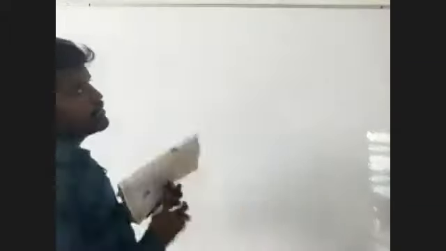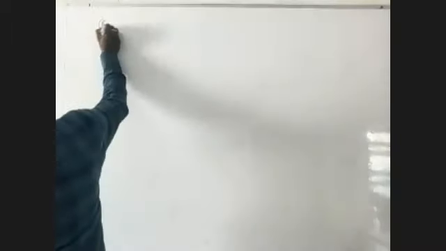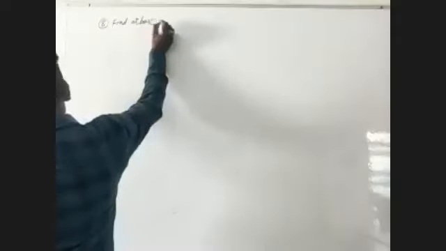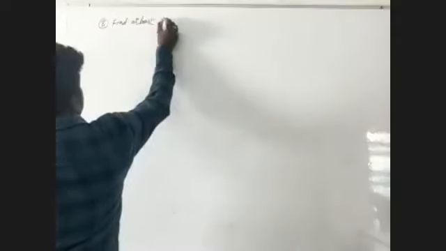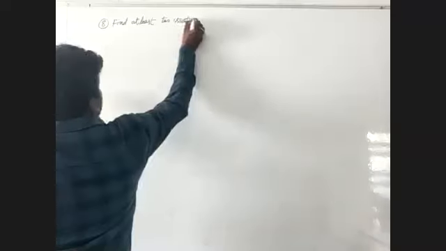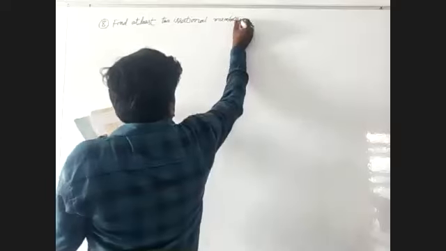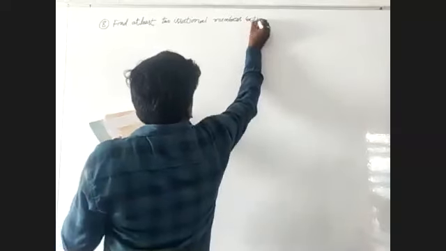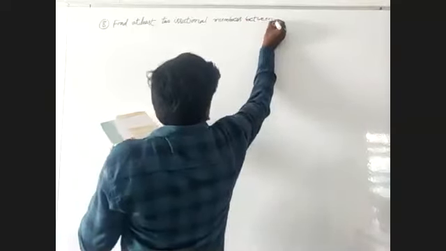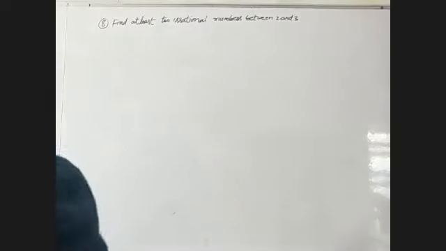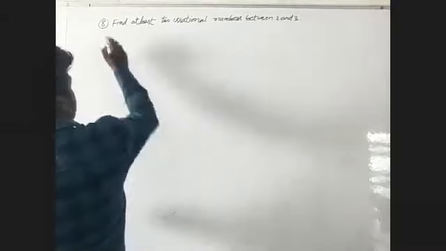Now I am going to the 8th problem. Find at least one irrational number between 2 and 3. First I have to take the two numbers.